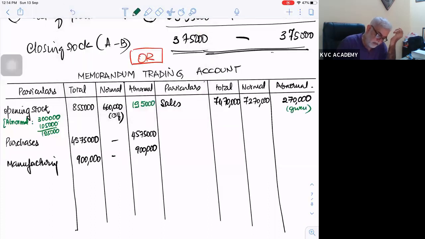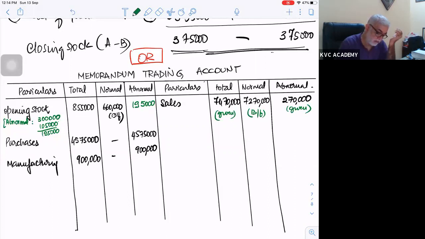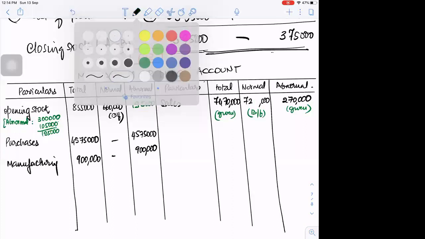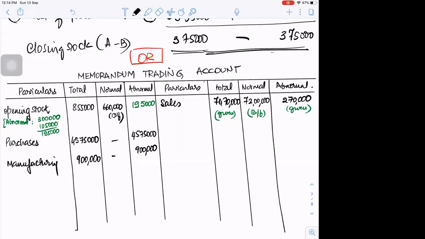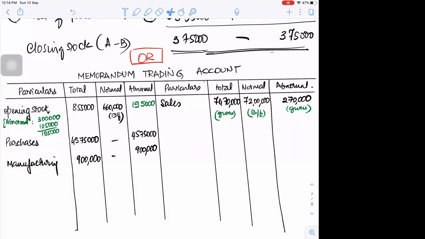This is given, this also is given, therefore this is your balancing figure. Normal is 72 lakhs, sorry. Purchases and manufacturing, that's a normal item.